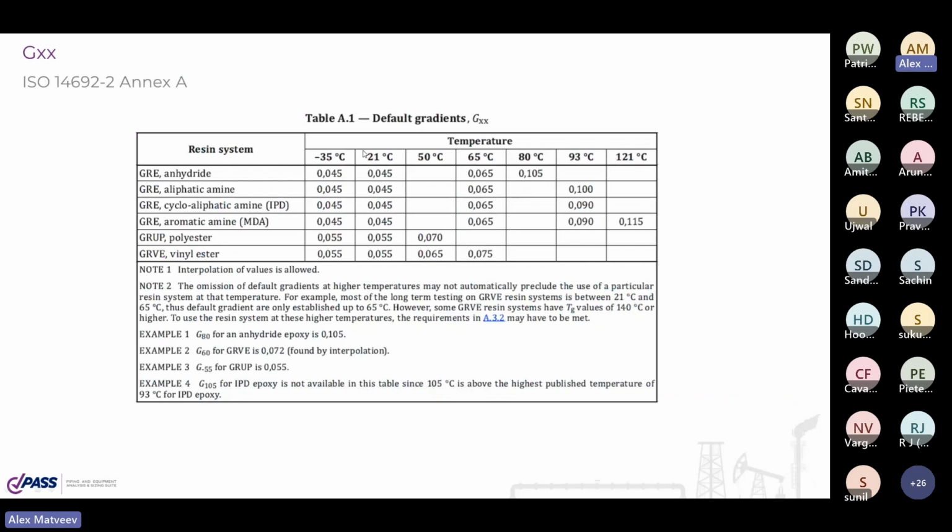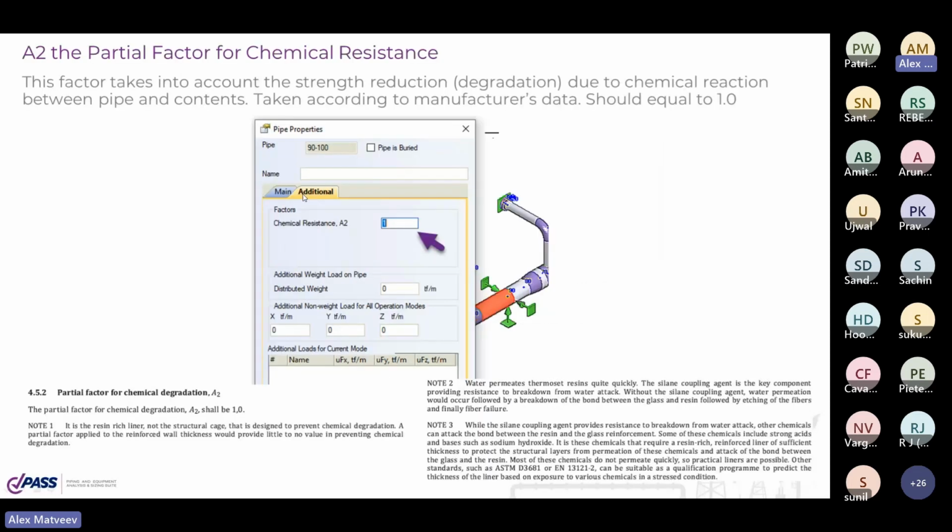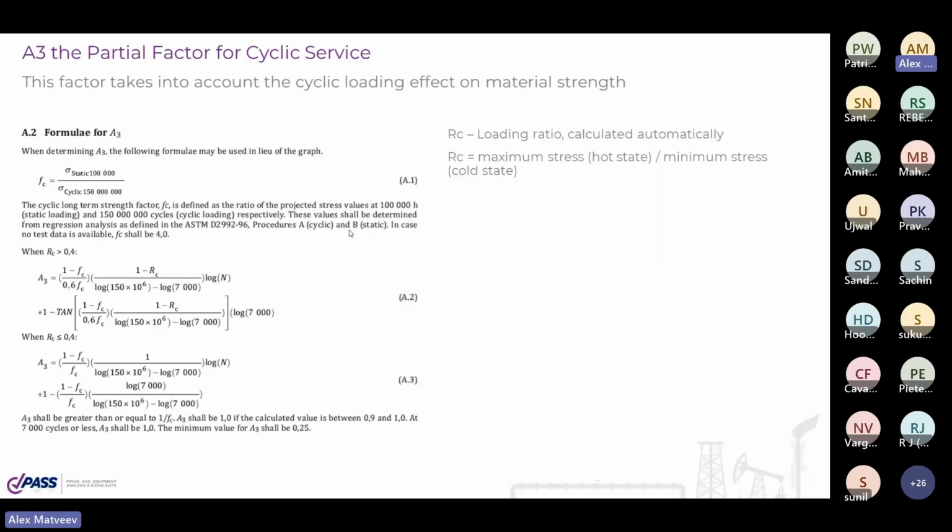Here is the table where we can take this GXX factor. And it also takes into account the chemical resistance, A2 factor. And START-PROF also takes into account the A3 factor, which takes into account the fatigue failure of the FRP material according to the equations from the ISO code, as you can see here.